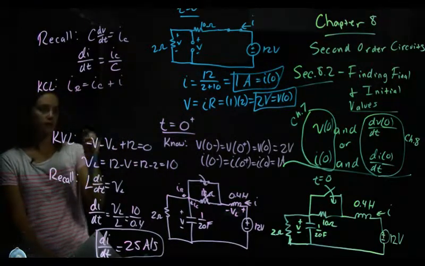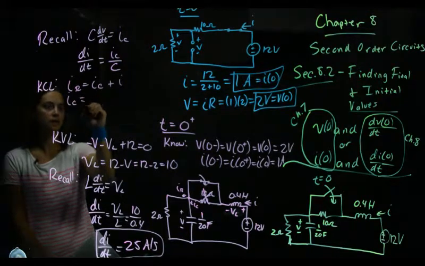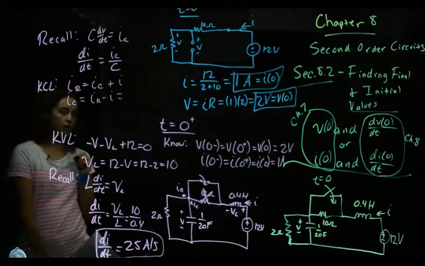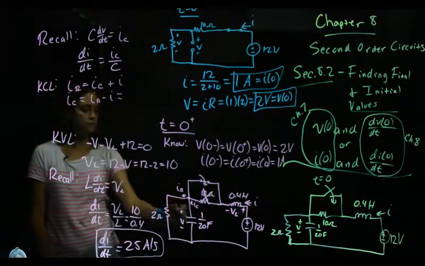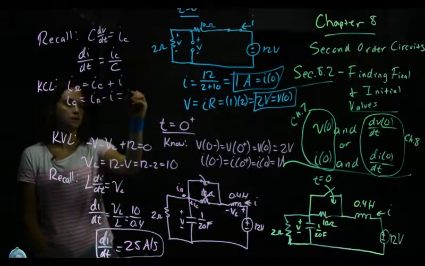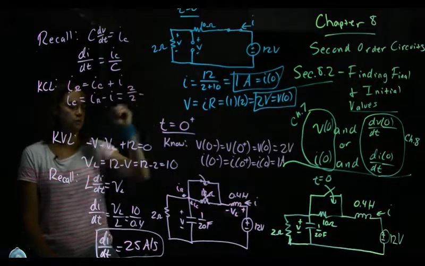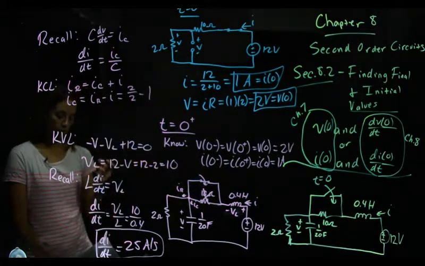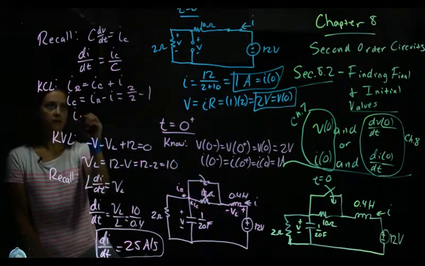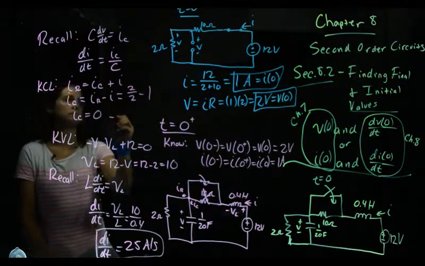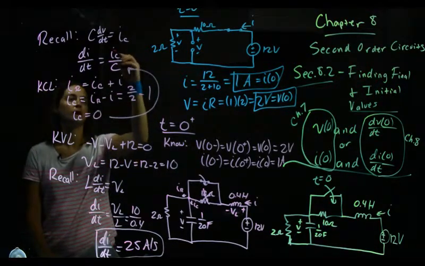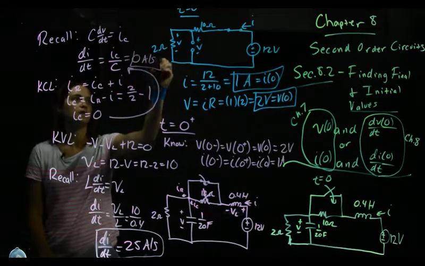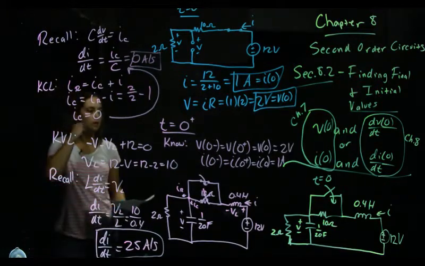So I have IC equals IR minus I. IR is going to be this voltage V, which is 2 over 2 ohms, minus my initial I through here, which is 1, or 0. I got IC equals 0. Plug that in up here, and I'm going to get dV/dt equals 0, and that's volts per second.